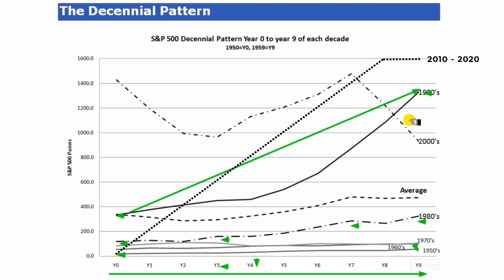You can see, obviously, from the 1990s, the huge gains came in year 6, of course, 7, 8, and 9.